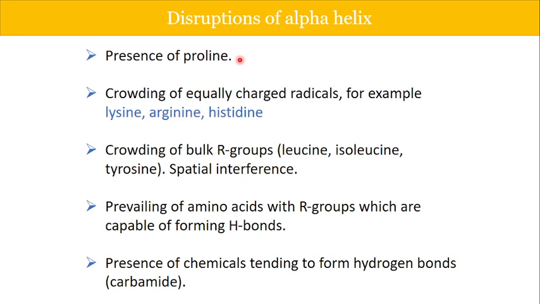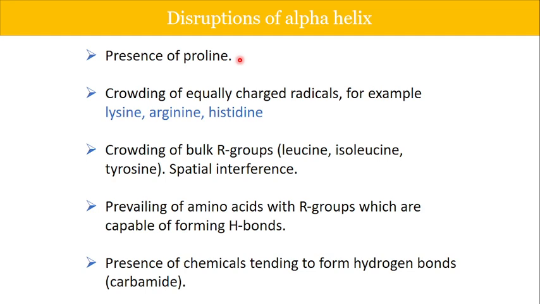Also, overcrowding of equally charged amino acids, especially lysine, arginine, histidine, or glutamic acid, aspartic acid. So overcrowding of these similarly charged amino acids can affect your alpha helix formation. Also, crowding of bulky R groups like leucine, isoleucine, tyrosine can interfere with alpha helix formation.